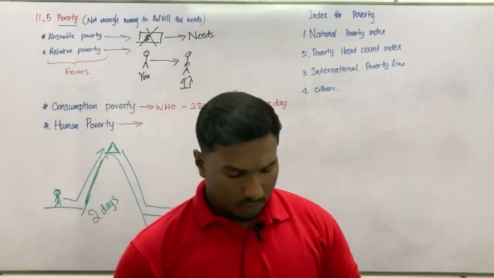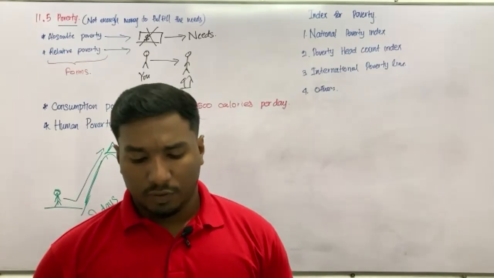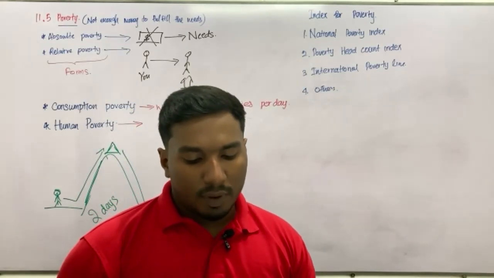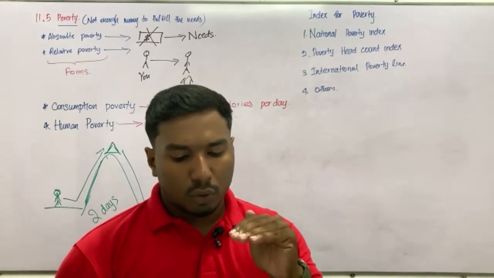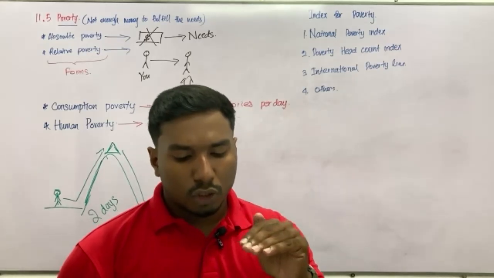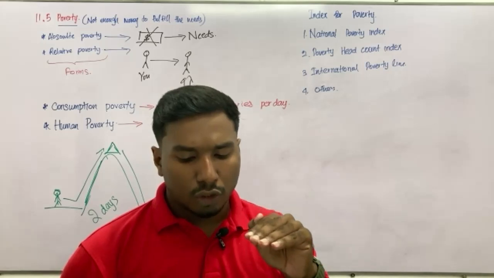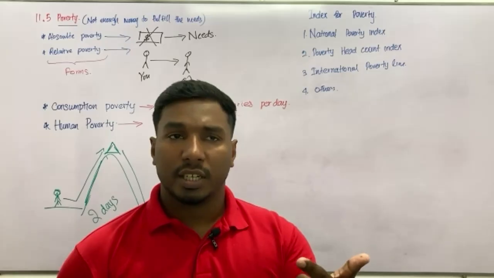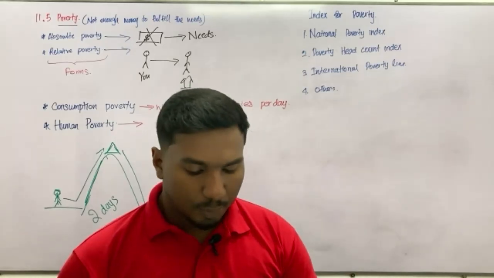So look at the notes here for the National Poverty Index. An absolute poverty line constructed using the cost of basic needs approach. You know what is meant by basic needs, right? The basic needs are food, shelter, and clothes. Okay.